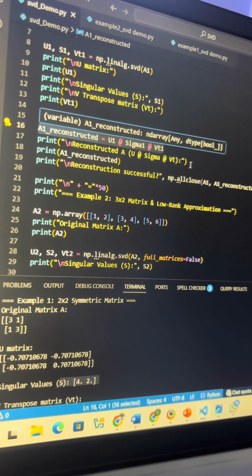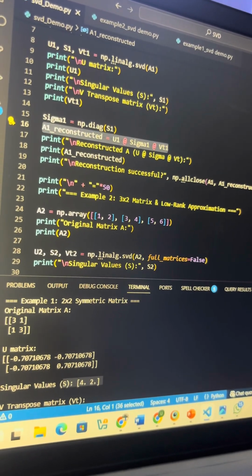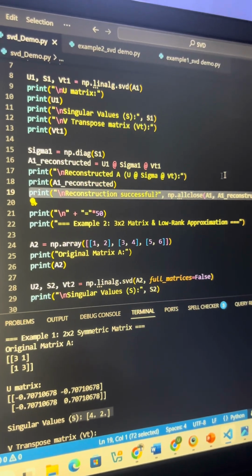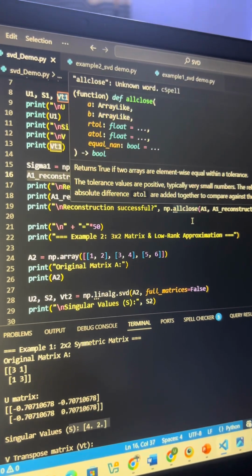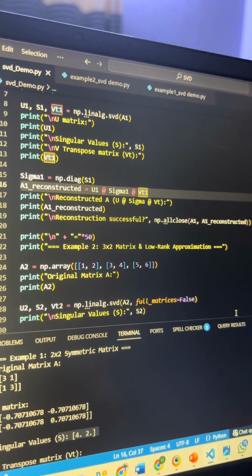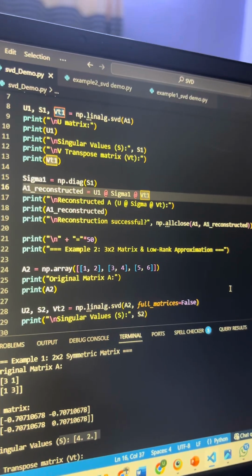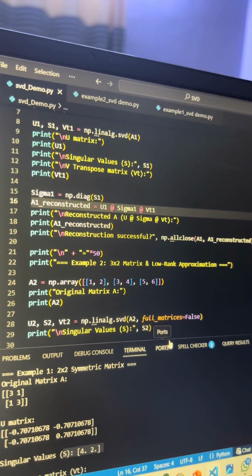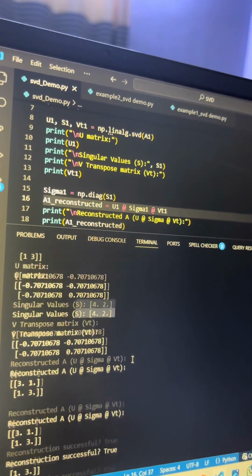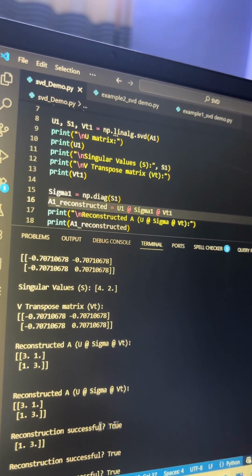This gives us our original matrix back. This code is the quality check. It compares the original with our reconstructed matrix, and if they are essentially the same, it says True. You can see it here. It says True.